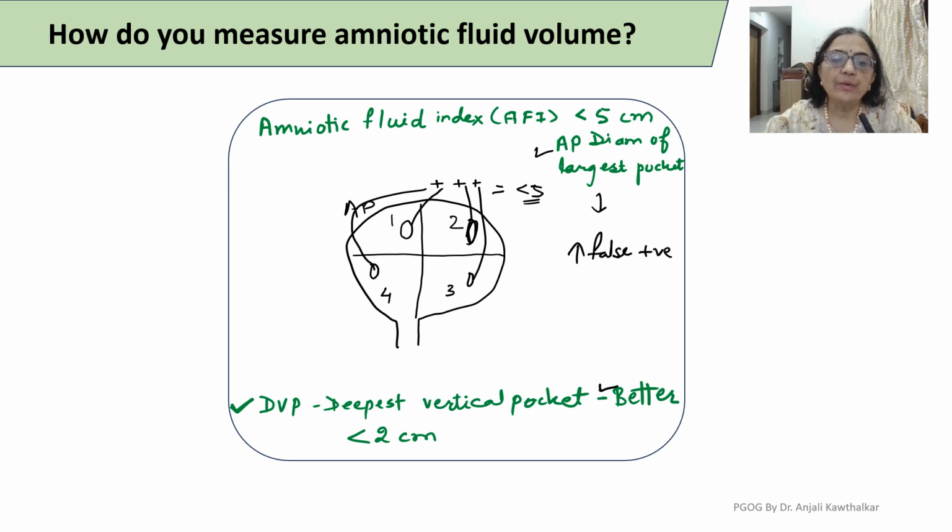That is why many guidelines recommend deepest vertical pocket measurement as the method for assessing amniotic fluid. If it is less than 2 centimeters, it is suggestive of oligohydramnios. You should always be able to explain this, because in any of your obstetric cases, you are likely to be asked this question.